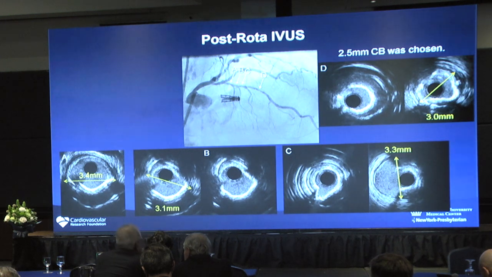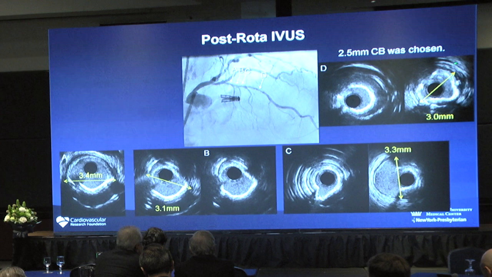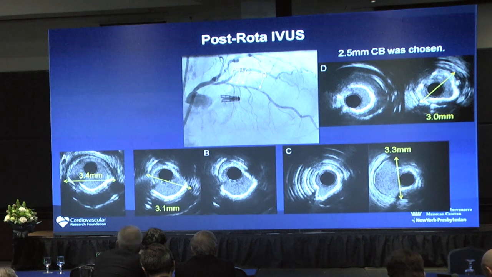And how do we decide the device? In this case, I have no idea about the vessel size here, but going a little more distal, I can see the measurement media to media was 3.0. Here I have no idea how big the artery is, but next I see 3.3. The vessel taper occurs at the site of a side branch. So without a side branch, you should consider that the vessel doesn't change too much.